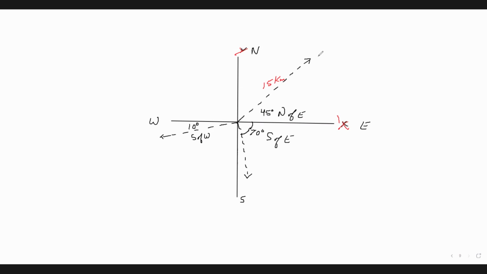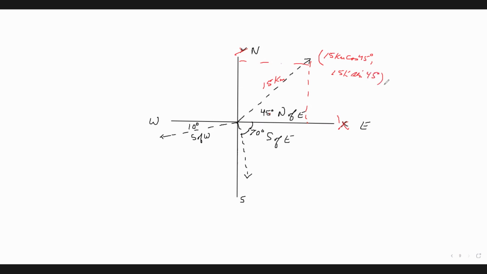So for simplicity, I'm going to write it as an ordered pair. Well, what is the X component here? It's 15 kilometers times the cosine of 45 degrees. And what is the Y coordinate? Well, that's 15 kilometers times the sine of 45 degrees. So now you've got it in terms of rectangular vector.